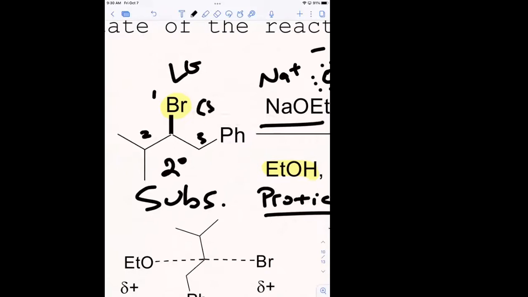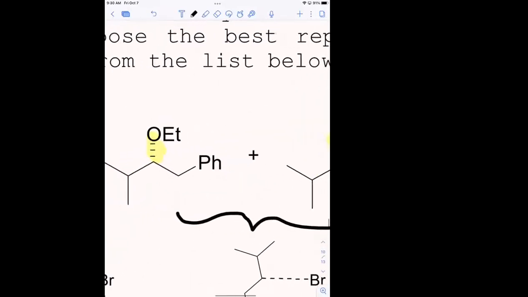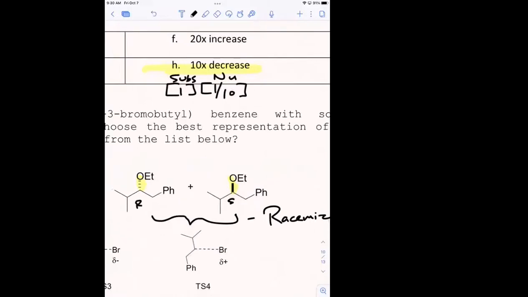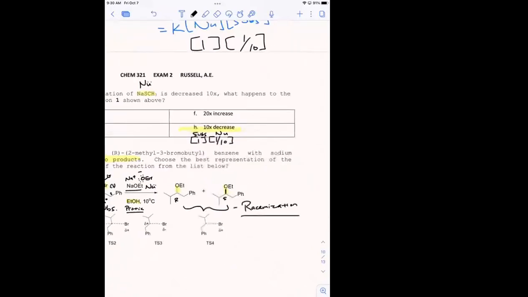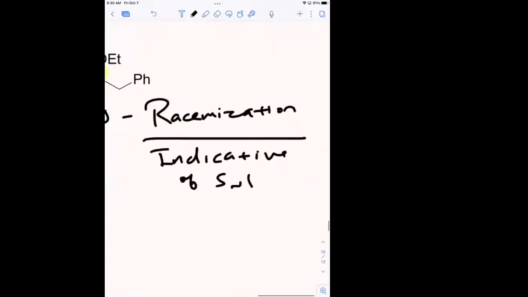That's S. And so over here you have R and S. All right, so you got racemized products. This is a dead giveaway for SN1. I'm not saying indicative, I say characteristic.